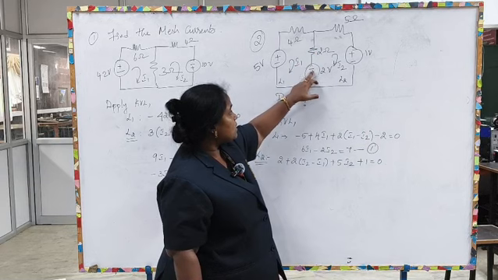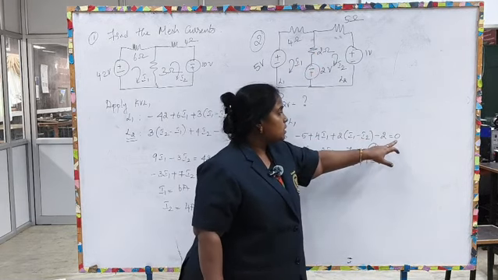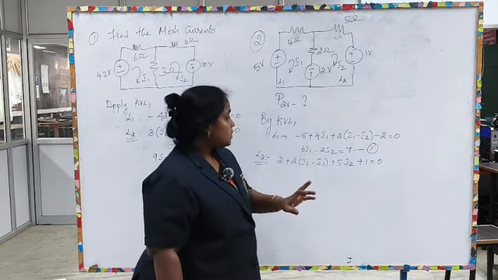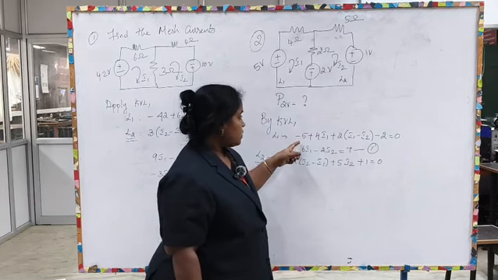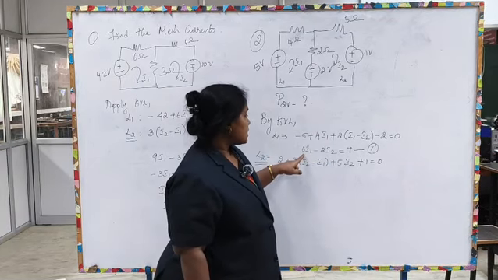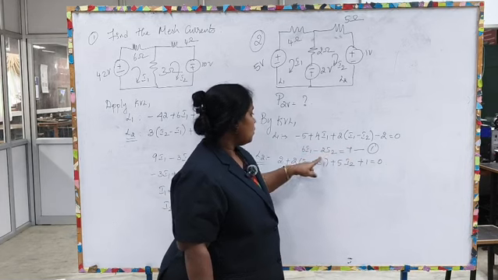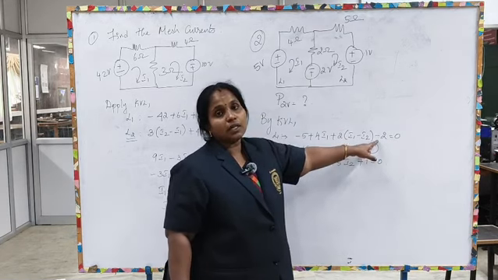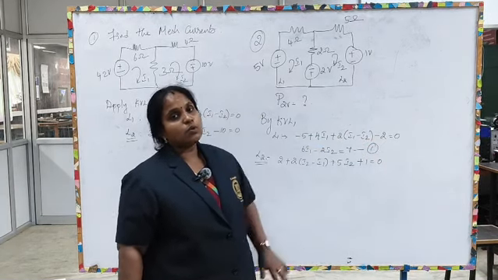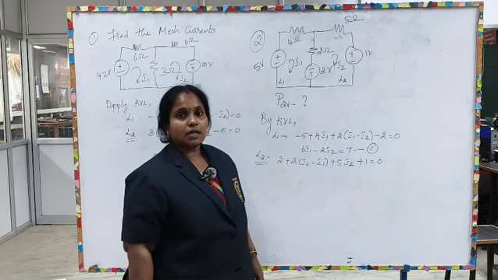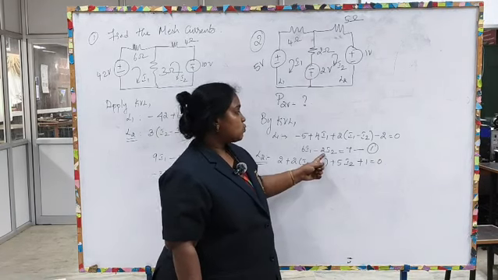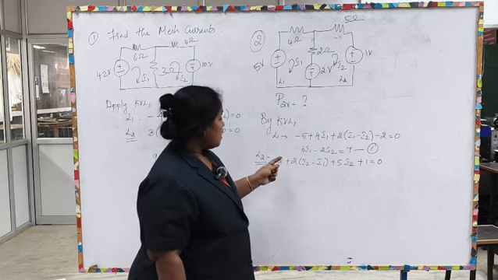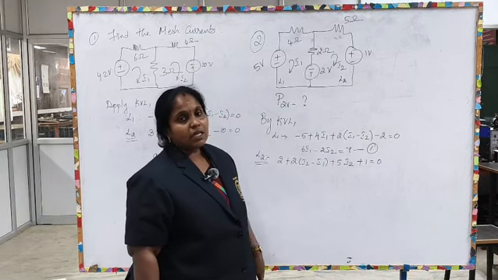Here the current is entering minus, so it is minus 2 is equal to 0. After which I am simplifying the equation, from which you will be getting 6 I1 minus 2 I2, and when we add this together it is minus 7, and when it goes to the left hand side it is equal to 7. So, let this one be your equation 1.